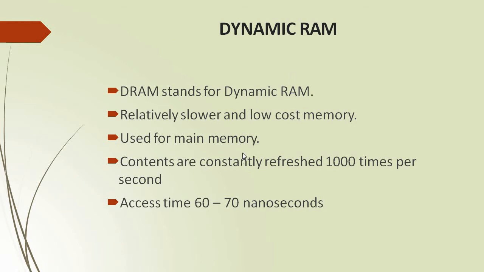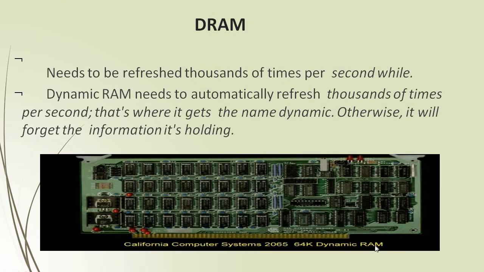Here you can see a dynamic RAM memory. A dynamic RAM needs to automatically refresh thousands of times per second. That is where it gets the name dynamic. Otherwise it forgets the information it is holding.